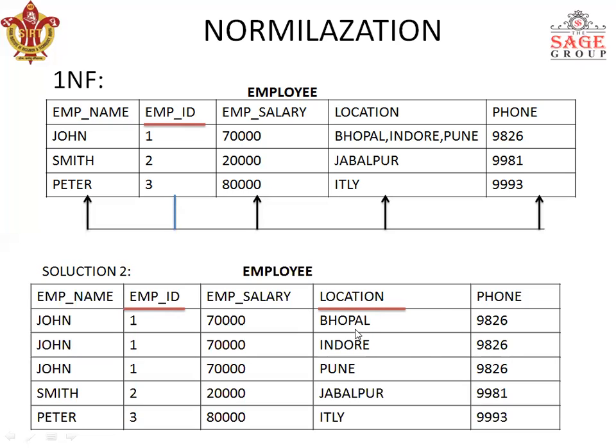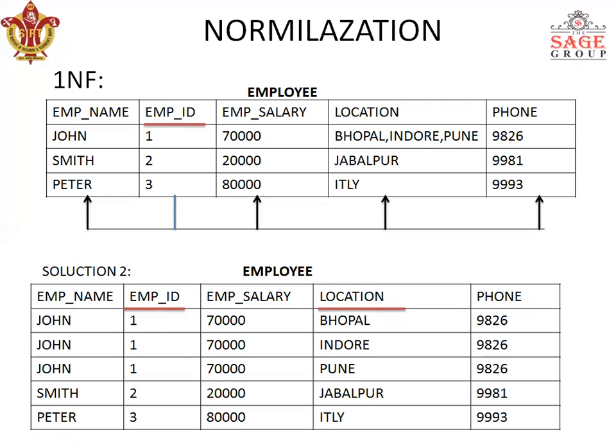Each cell stores only one value: Bhopal, Indore, Pune. By default, this employee ID is a primary key, so we cannot break down a single row into multiple rows because this value is repeated. That's why in that solution also, we need to take the combination of 2 attributes, that is a super key. It will work exactly like a primary key.